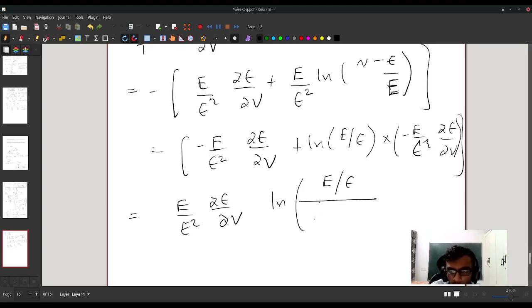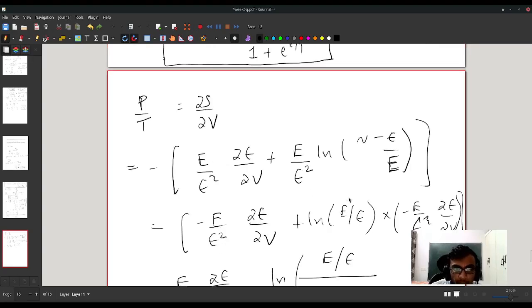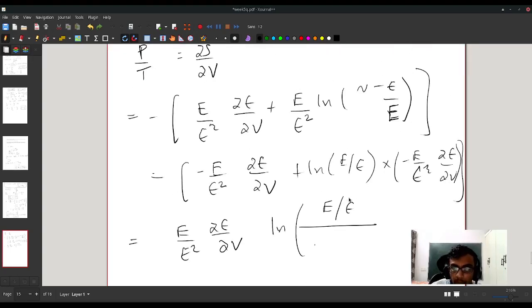Did I get this right? The minus sign, yeah, it looks like that.